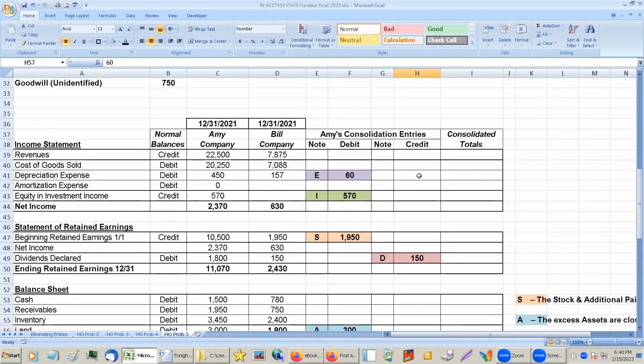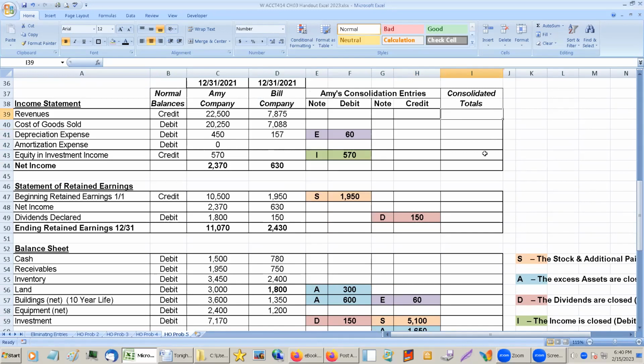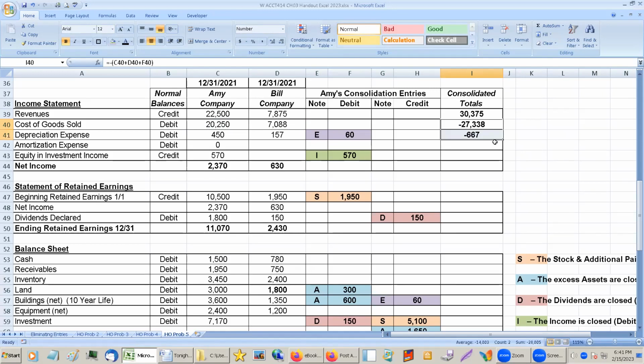Okay. I think we're ready, right? Or chunking them together. And if we did it right, we should get 2370.